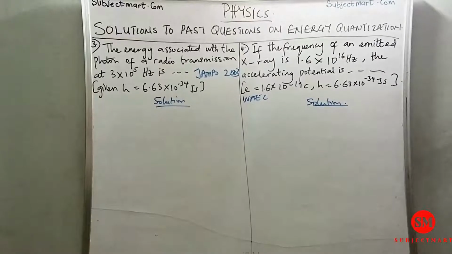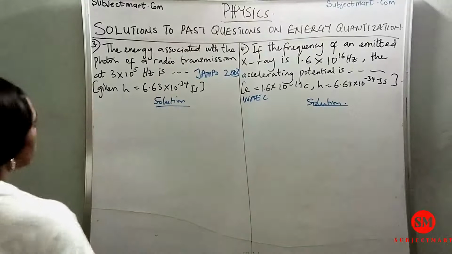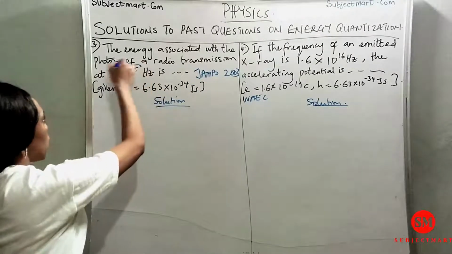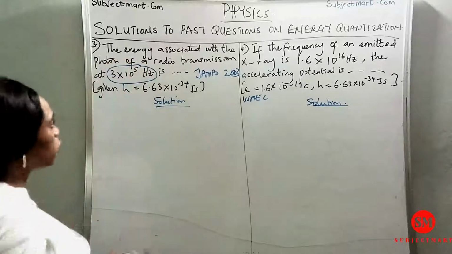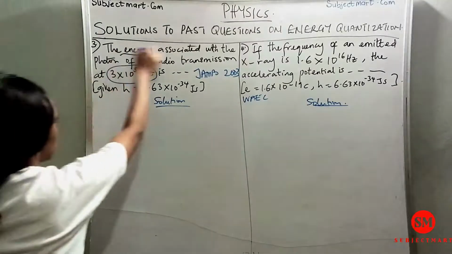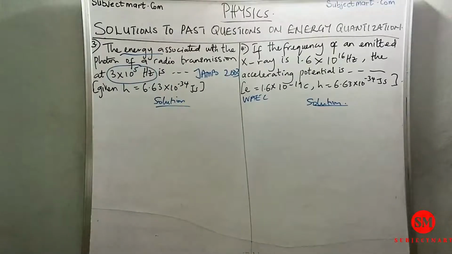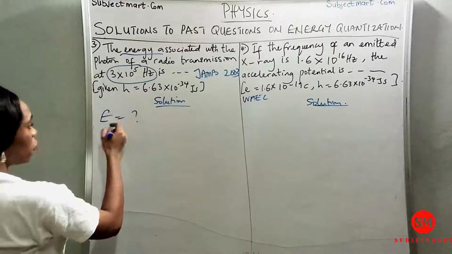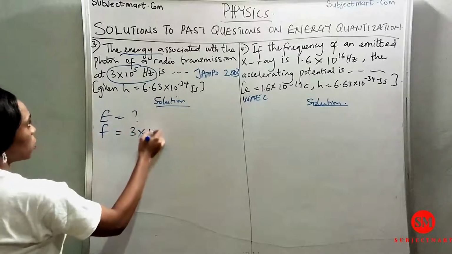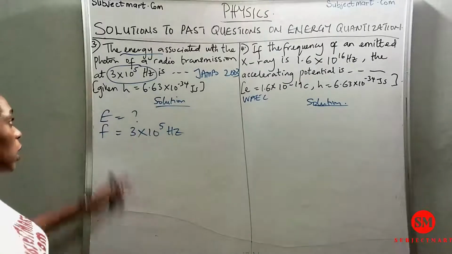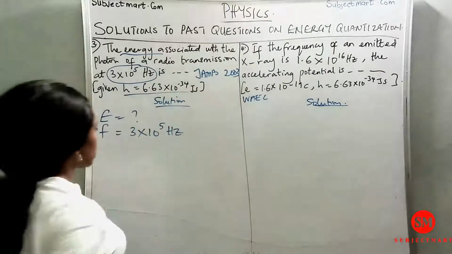The third question here says energy associated with the photon of a radio transmission has. So we are given the frequency and we are asked to find the energy associated with the photon. So we are actually asked to find E. We are given the frequency in Hertz, and then we are also given the Planck's constant.